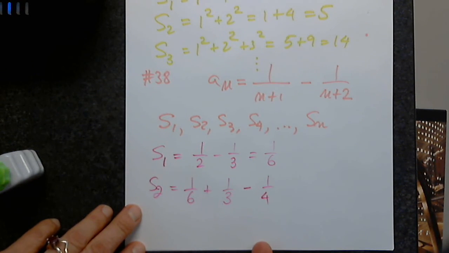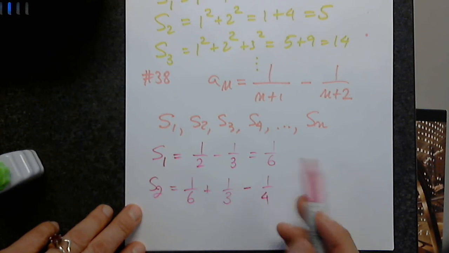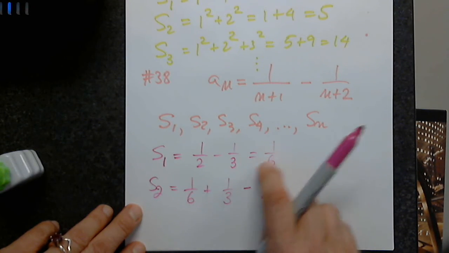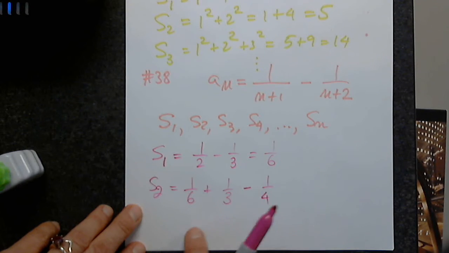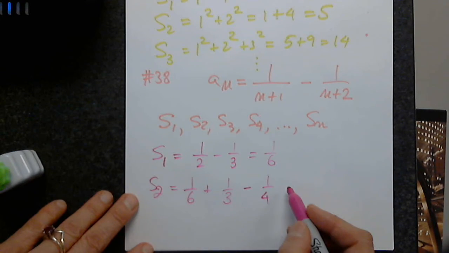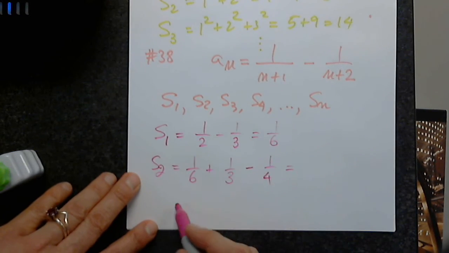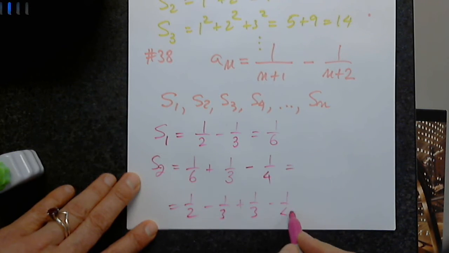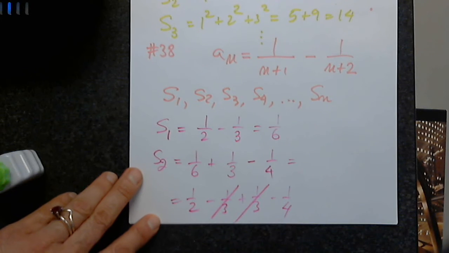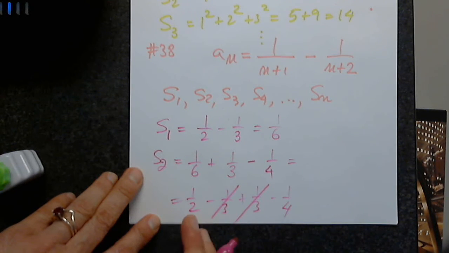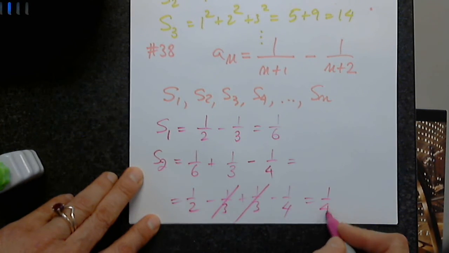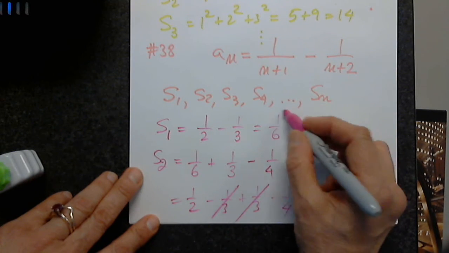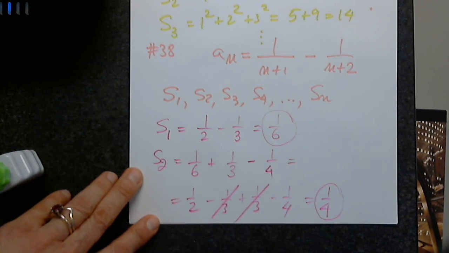I just realized that if I hadn't used the sum S1, I would have been able to simplify, and I'm going to do that. So instead of 1 over 6, I'm going to write 1 over 2 minus 1 over 3 plus 1 over 3 minus 1 over 4 because it's easier. And 1/2 minus 1/4 is 1/4. So I determined S1 and I determined S2.